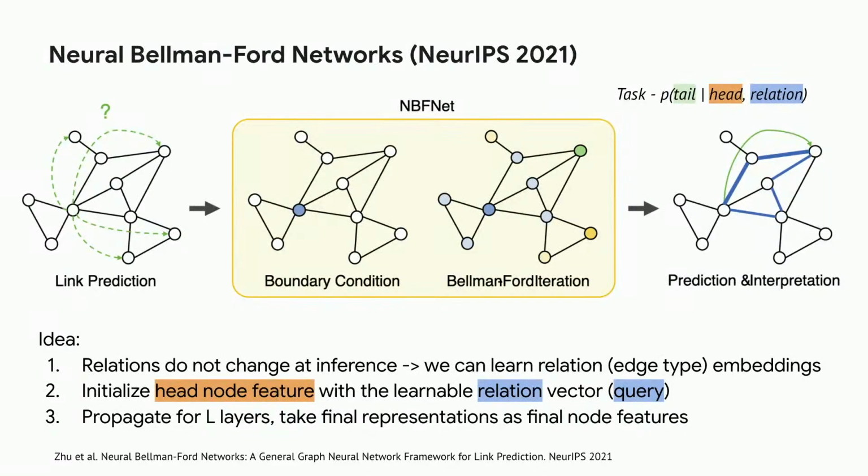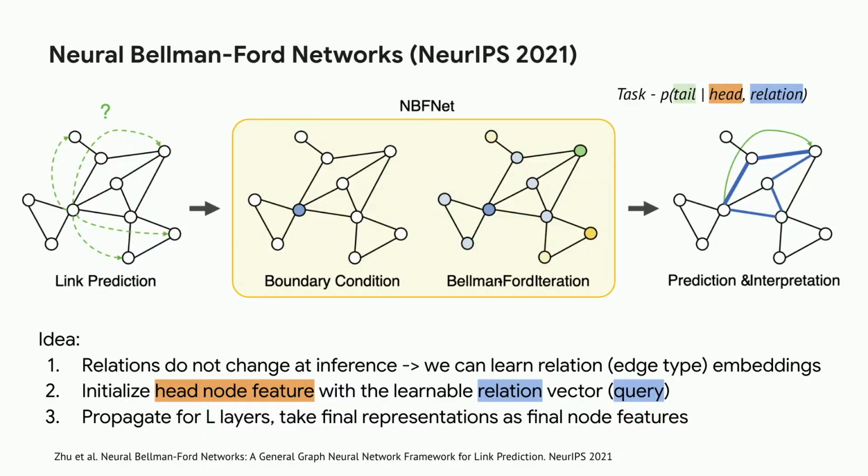So some approaches that enabled us to increase the inductive level of those models: perhaps Neural Bellman-Ford is one of the most influential works. It's based on the idea of a labeling trick, and it closely emulates the Bellman-Ford algorithm.